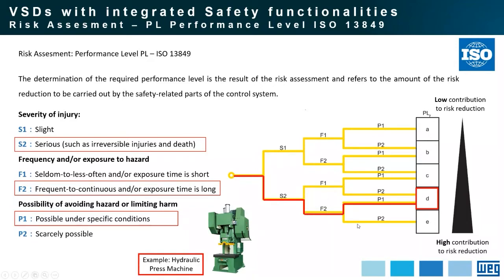And the last question, concerning the possibility to avoid hazard, is P1, because there is a possibility to add additional devices to protect the machine. And so in the end, according to ISO 13849, this machine will be classified as performance level D. It means a medium to high contribution to risk reduction.